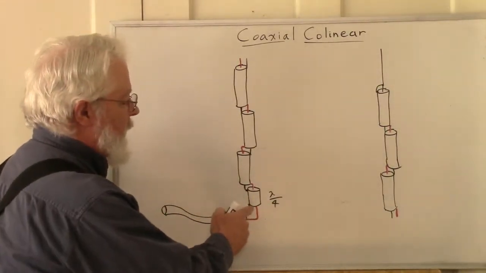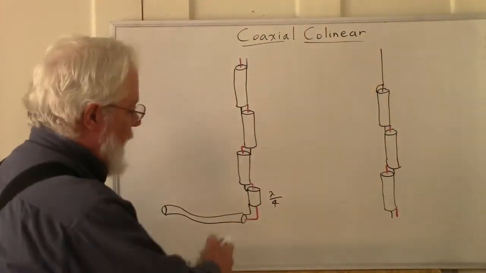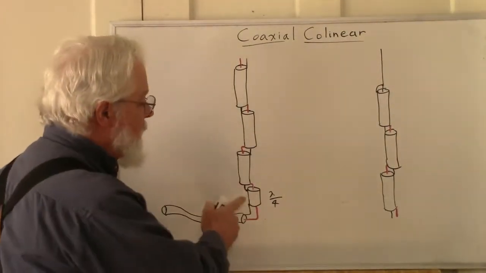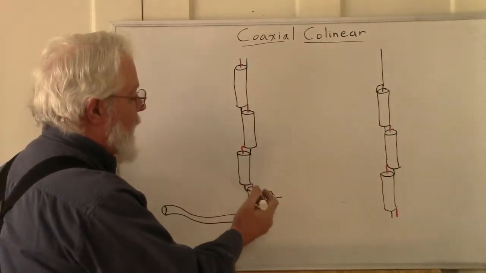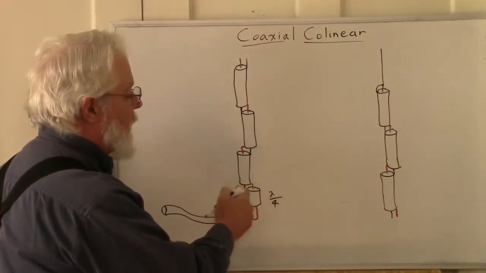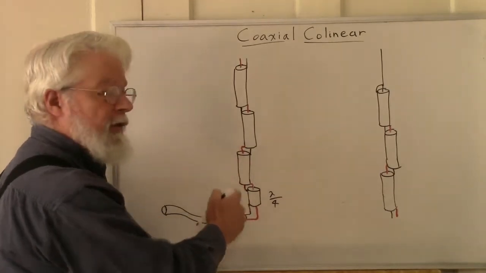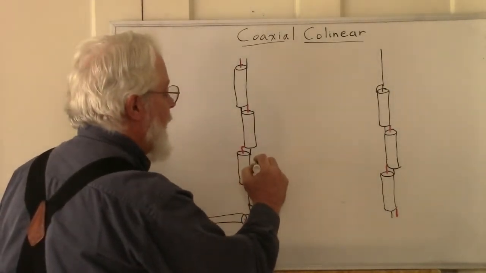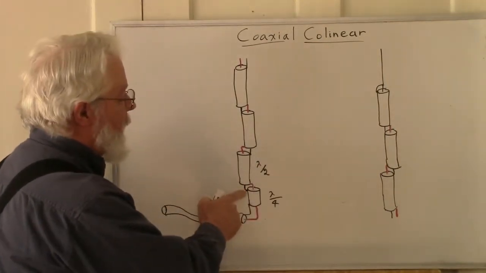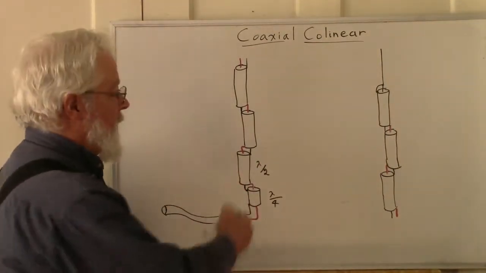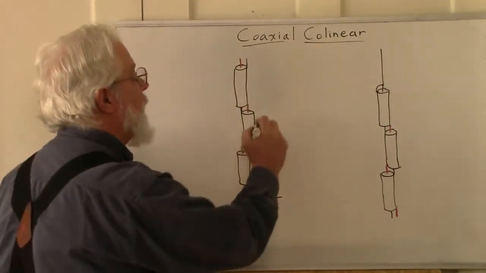That quarter wave section is fed normally, center conductor to center conductor. But at the other end of it, we swap them. This center conductor goes to the shield of the next section of coax, which is a half wave. The shield goes to the center conductor and is carried on to the next half wave.